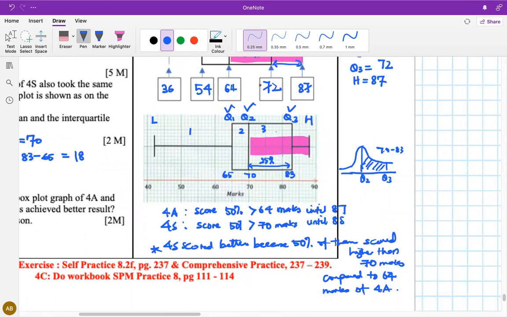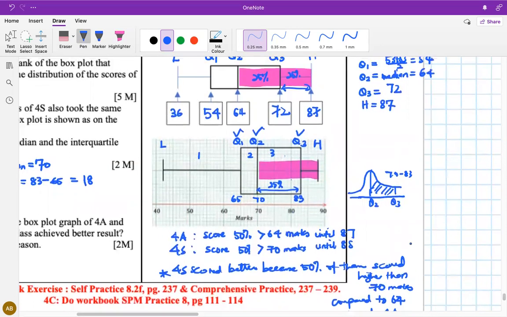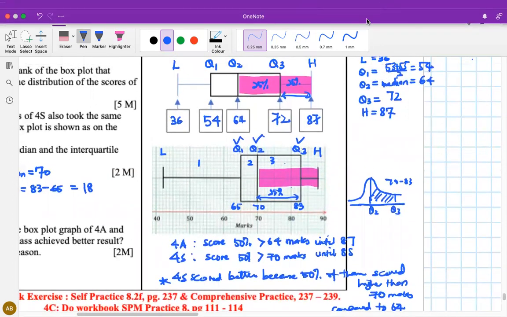You compare 50% here. You can see they score very well, 70 and above. This one is 64 and above, right? So meaning that logically for 4S, students scored better, because their marks are higher, right? 70 marks and above is 50% of them, right? So that's all for this video.